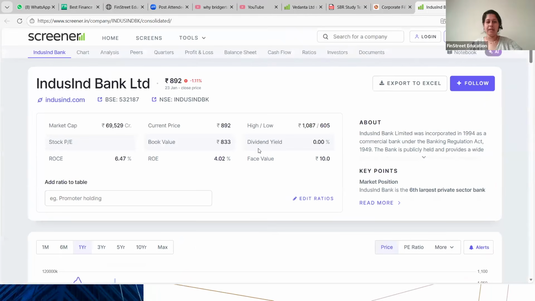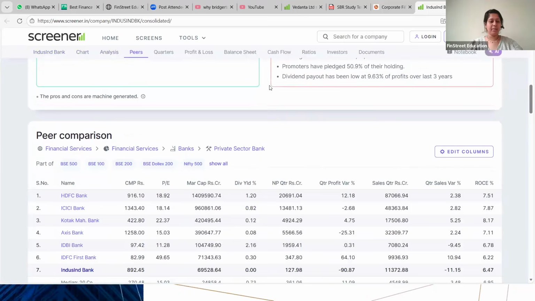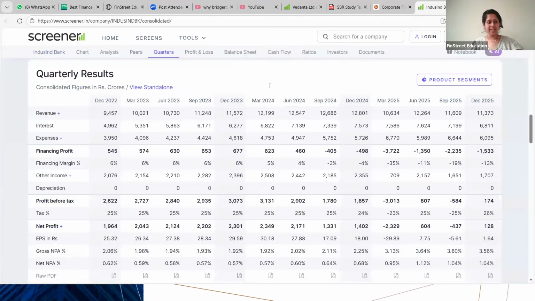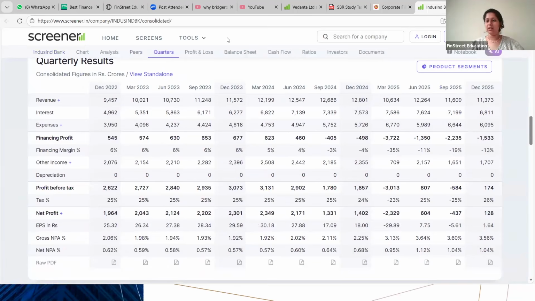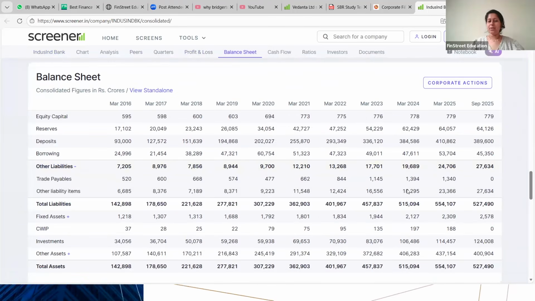I've taken a screener link here. Let me just open it. Yes. As I said, this timeline was between March 24 and September 25. Now, the problem with Screener is that it does not record provisions separately, so we have to search under the other liabilities. Allow me to show you where the change can be seen. As you can see, between March 24 and September 25, in the other liability items where generally provisions are recorded, there has been a significant jump, correct?